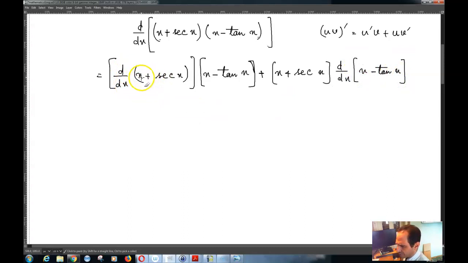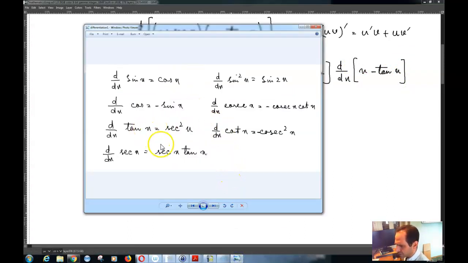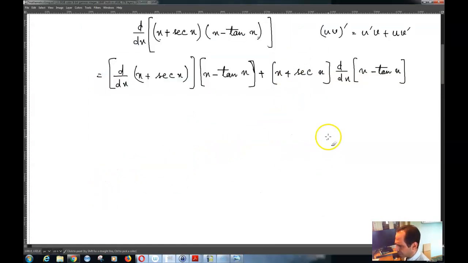So d by dx of x plus secant x, d by dx of secant x is equal to secant x tan x.